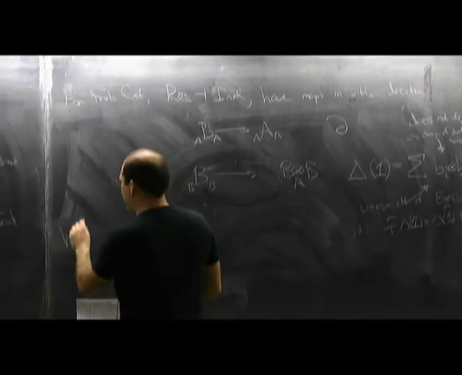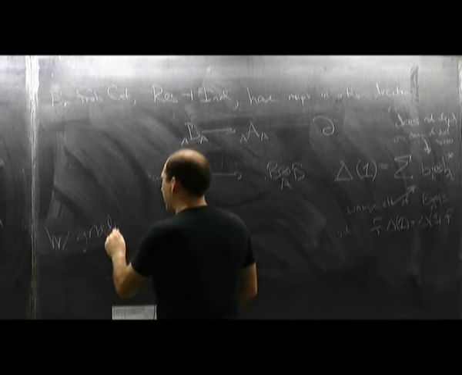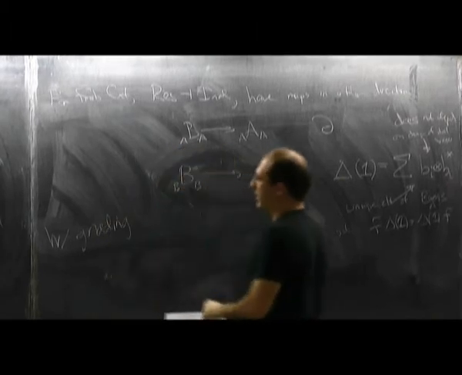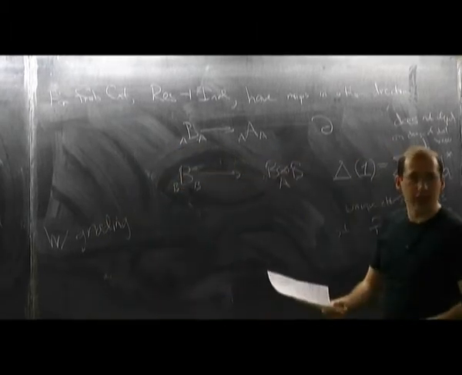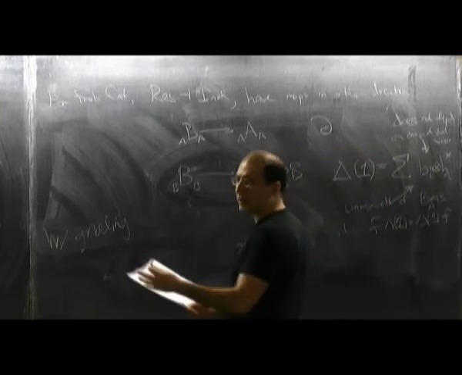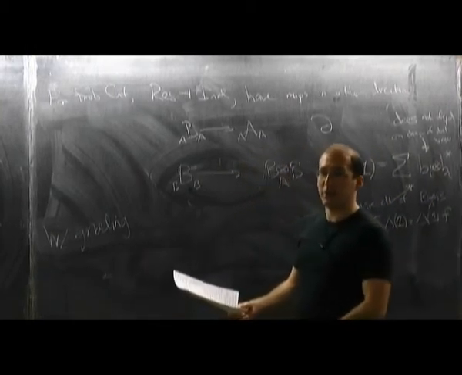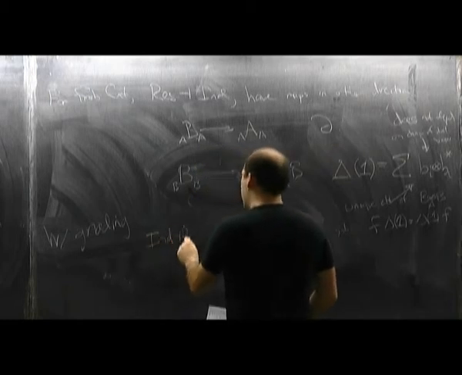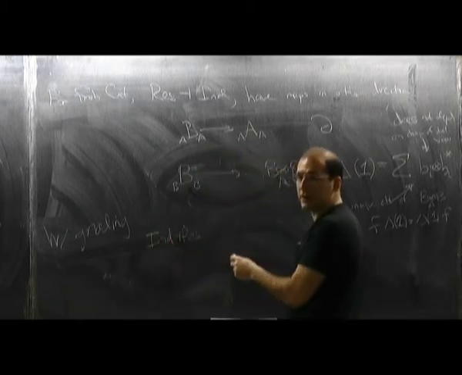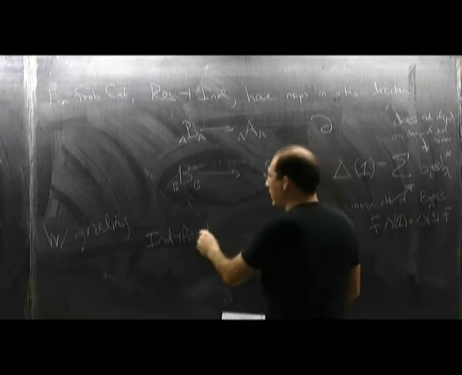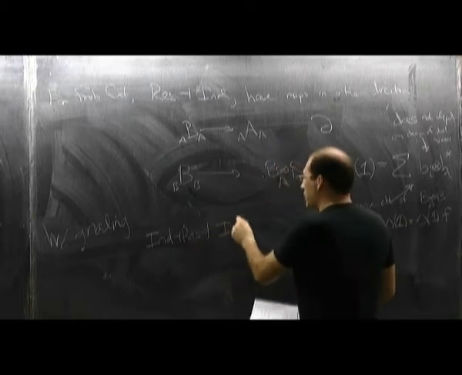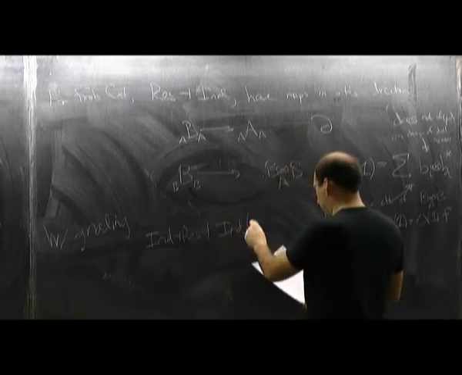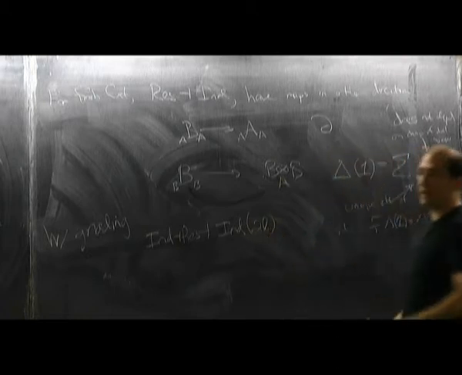With the grading, how do you handle things? It's no longer true that induction and restriction are actually adjoint to each other on the nose. So as always, induction and restriction are adjoint to each other in this direction, but restriction is actually adjoint to the shift of induction by the grading shift 2L.